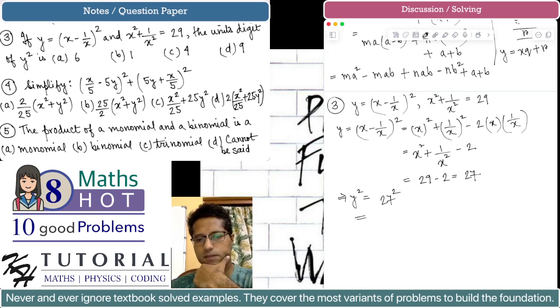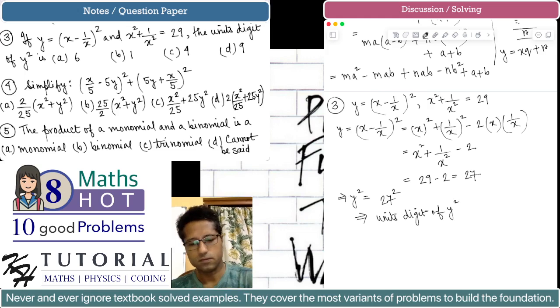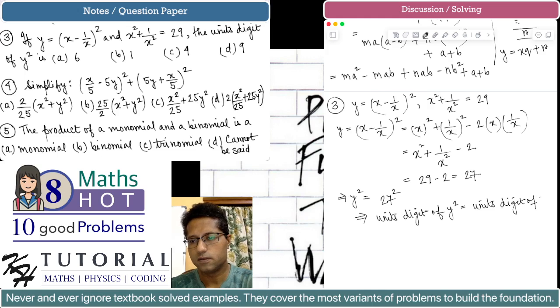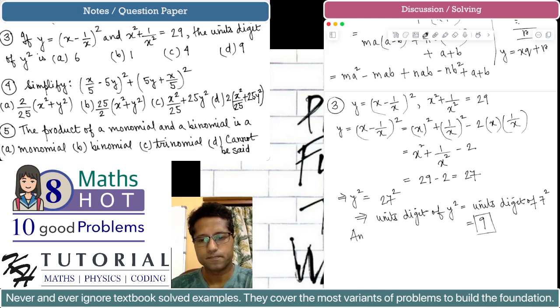Hence units digit of y square is actually equal to units digit of 7 square, which is equal to 9, so the correct choice is D. D is the correct choice.